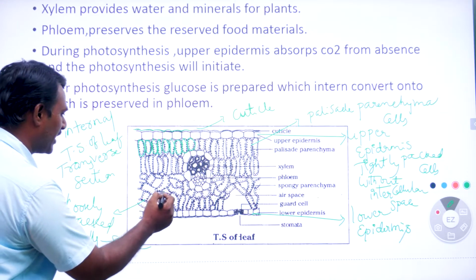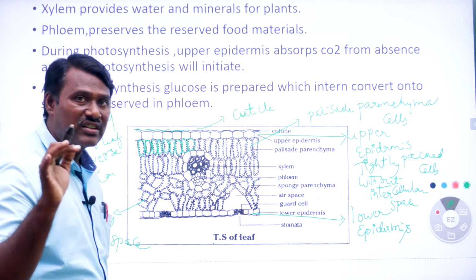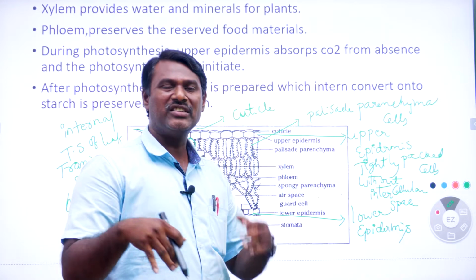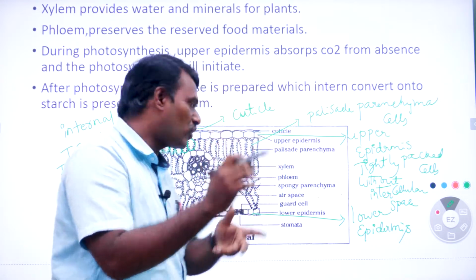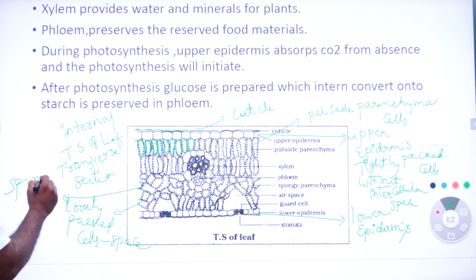Once you see the diagram, here we have a little bit of gap. These cells present in the lower epidermis with small spaces are called spongy parenchyma cells.